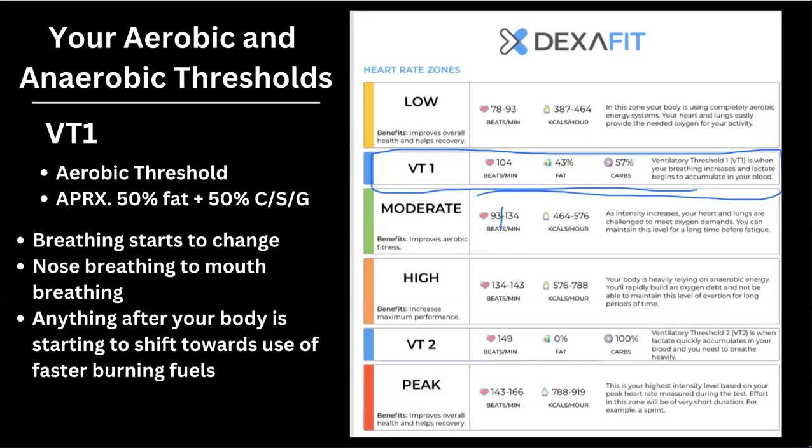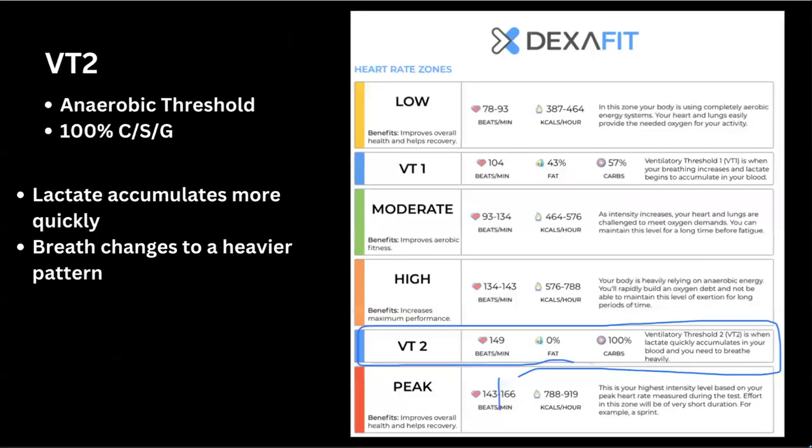As you cross your VT1 or aerobic threshold, your body is going to continue to lean towards using more and more carbs, sugars, and glycogen to fuel your exercise until you can no longer turn fat to fuel at this pace. And this is where your VT2, or your anaerobic threshold, is.